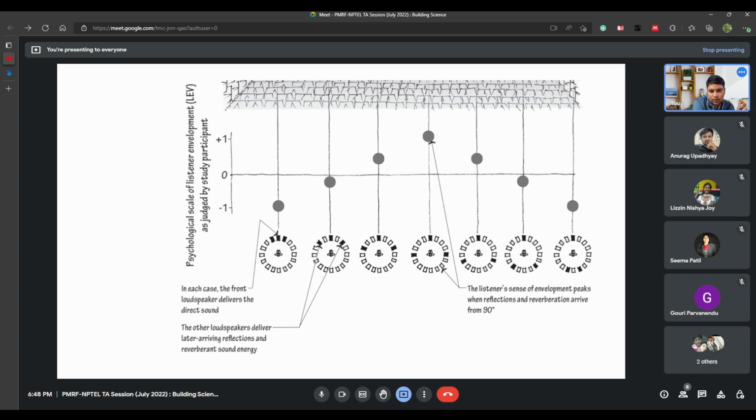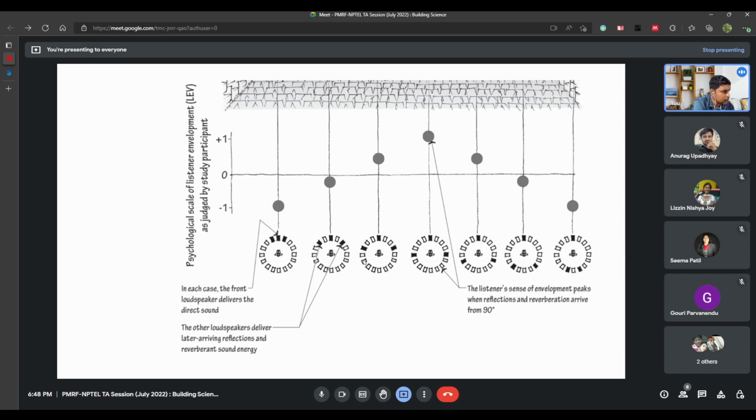Further, this is another concept where a study was conducted to find what is psychologically a good setup for a listener. You have three point sources, and they used different arrangements of the three points.